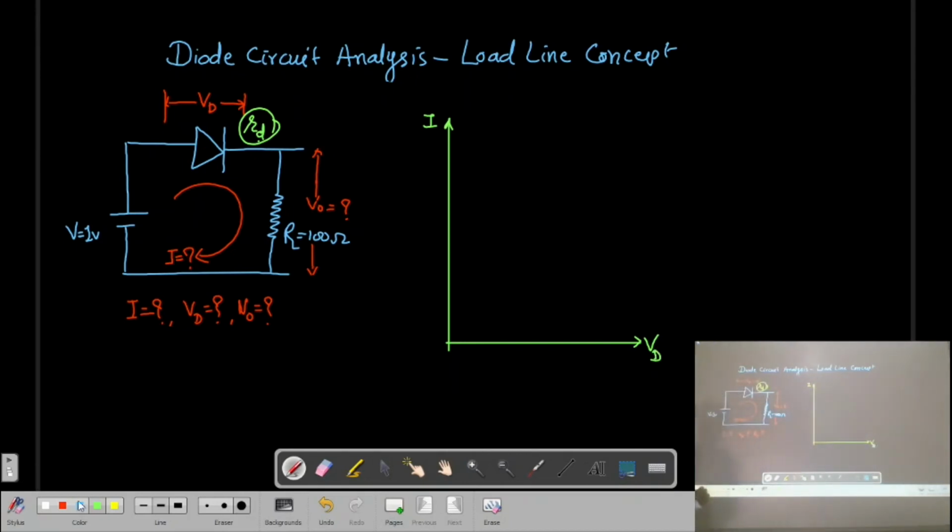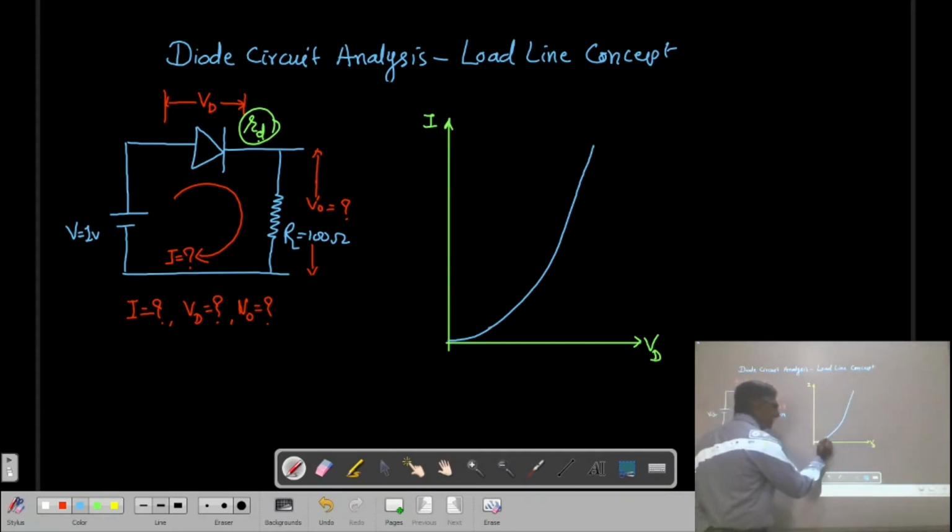And if we draw the forward bias characteristics, then it is like this. If I calculate the resistance RD at this point, point A, or here, then at all these different points the resistance RD is different. So I cannot consider RD for writing the Kirchhoff's equation.